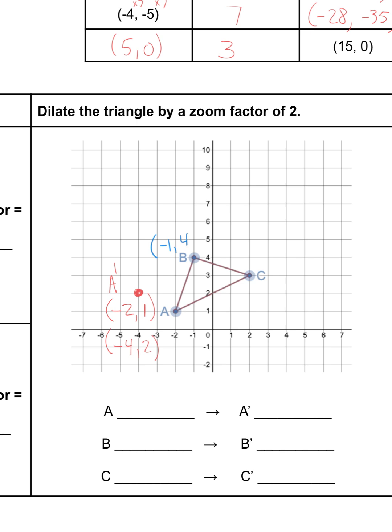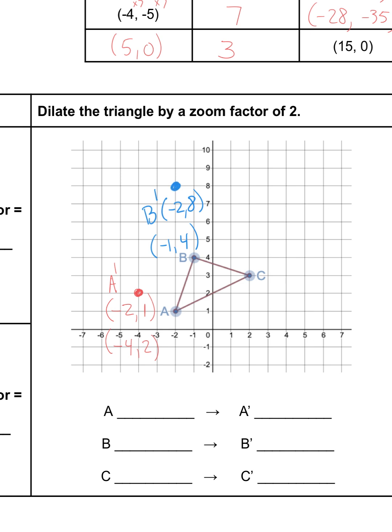All right, so if I want to go and find my new point, I would multiply each of those by 2. Negative 1 times 2 is negative 2, and 4 times 2 would be 8. So our new B would be negative 2, 8. Negative 2 up here at 8 right here. There is our B prime.